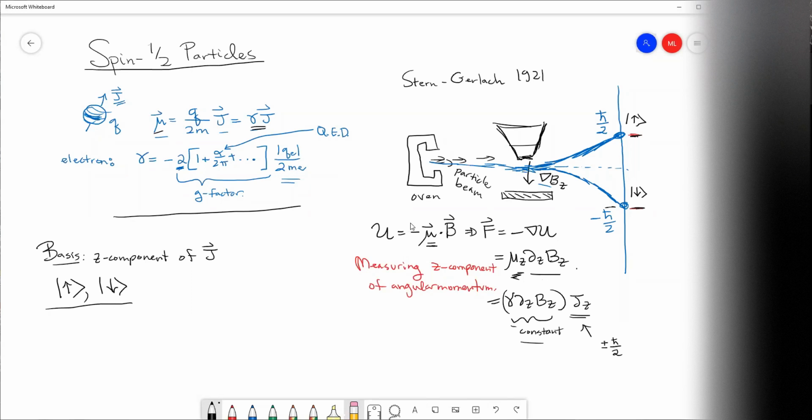And so this is how you would start a quantum mechanical analysis, right? You would build your Hilbert space, and of course you would normalize your basis.